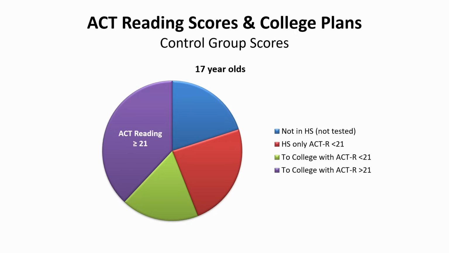There was still a group at risk who went to college in this lower pie section, but they went to college with an ACT reading score of less than 21. This is the group that is at risk of dropping out without getting a degree.